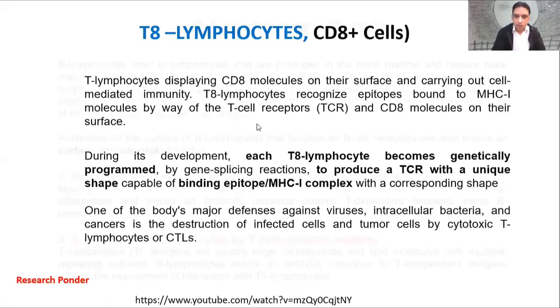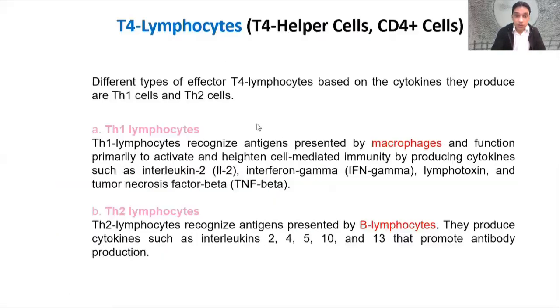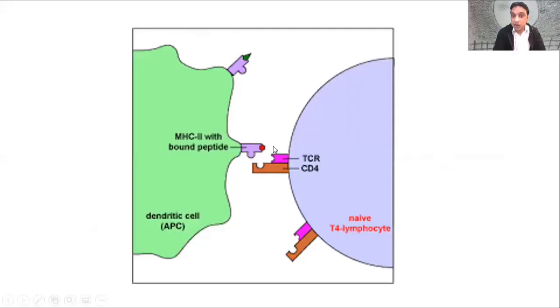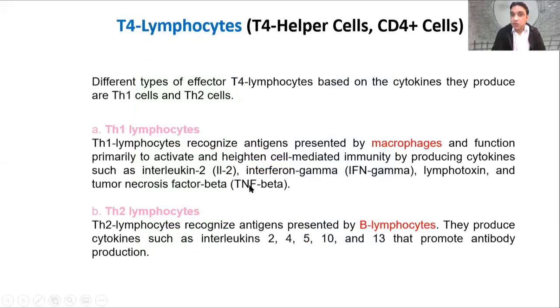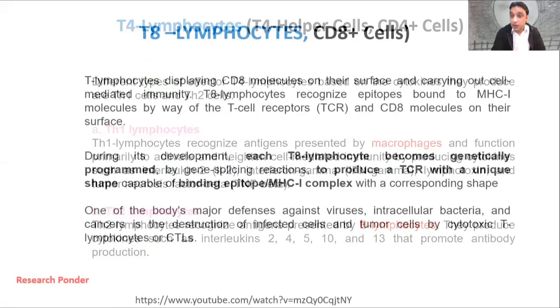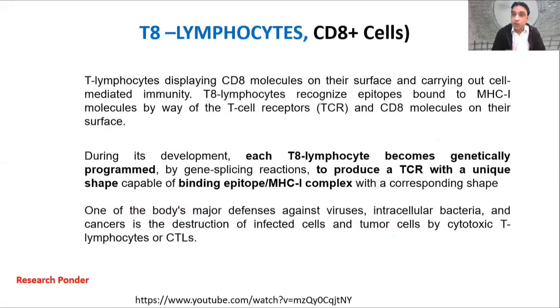MHC1, ये बहुत अहम और जरूरी बात है. If you remember the earlier slide, the TCR is communicating with MHC2 generally, that is a T4. But in case of T8 lymphocytes or CD8 cells, they can communicate with the MHC1.